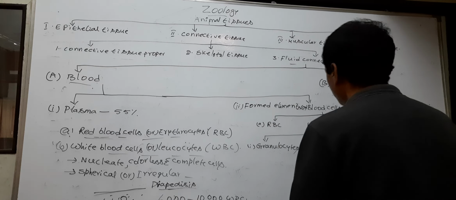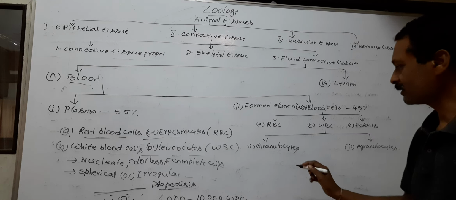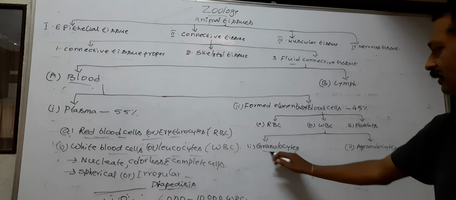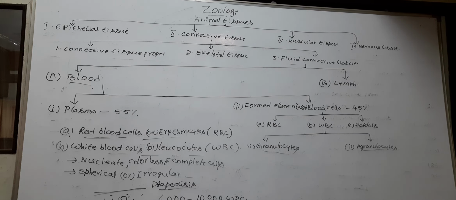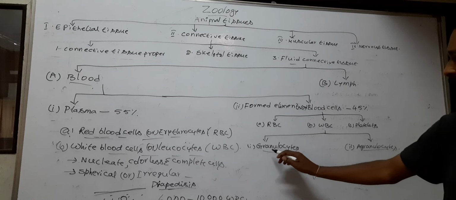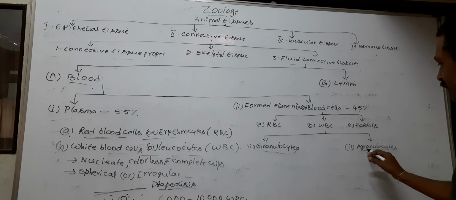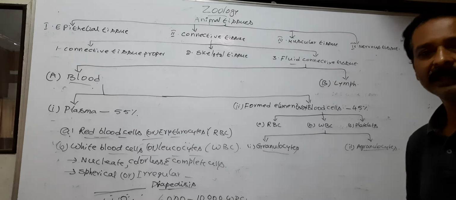So WBC or white blood cells divide into two types: granulocytes and agranulocytes. I will explain the granulocytes and agranulocytes in the next class.